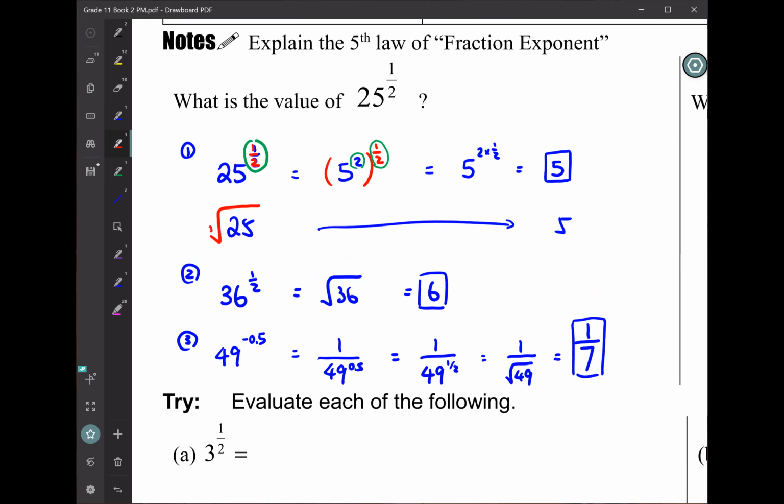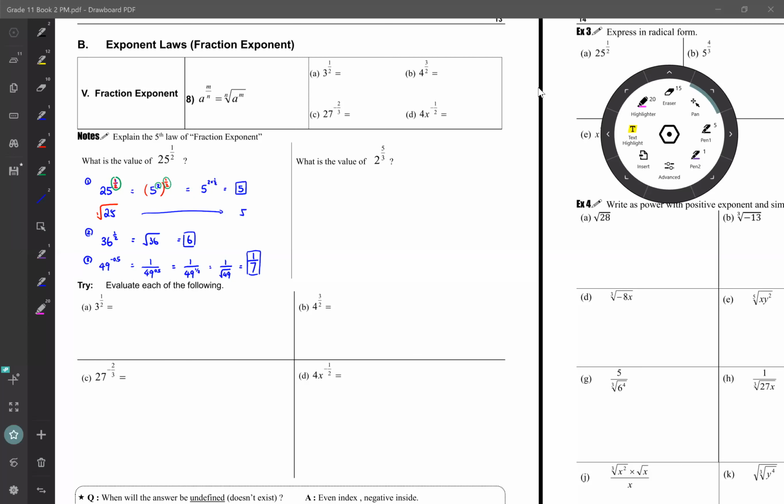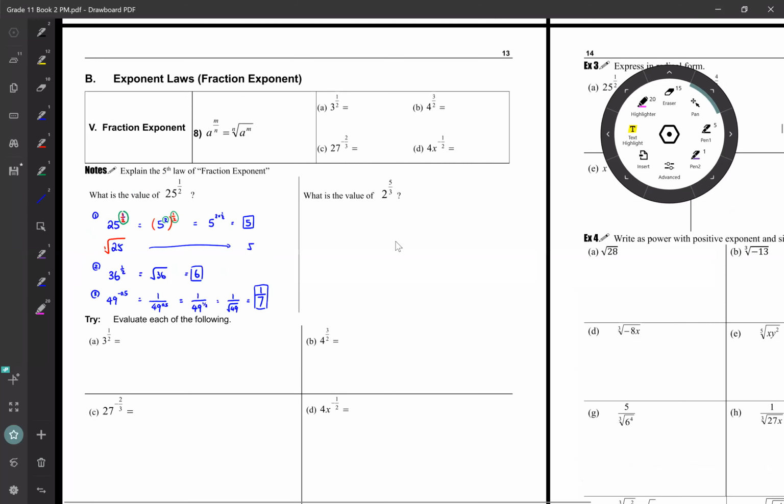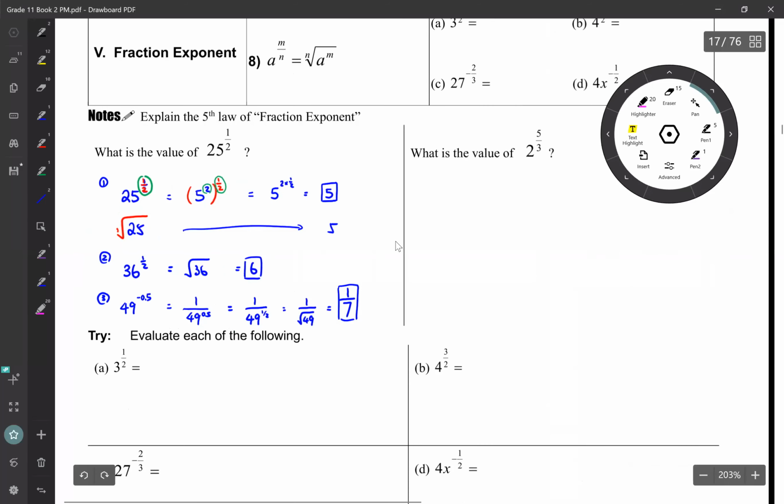Let me write it on the outside. Give me 1 sec. If you have the square root of 25, the 2 in the denominator of the 1 over 2 is like the index, it's square root.